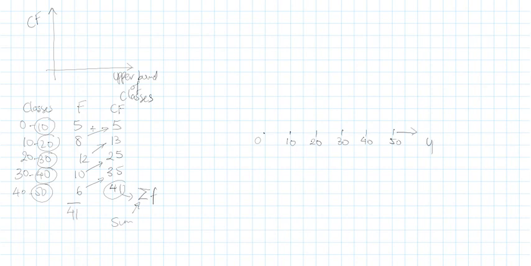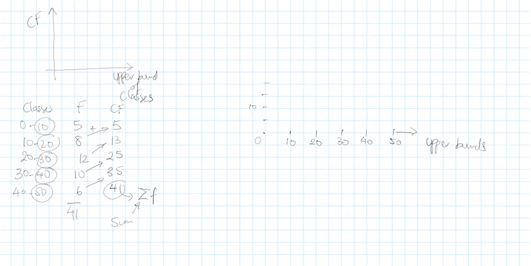All right. So on the x-axis we have the upper bounds. Now on your y-axis you have as minimum value 5 and as maximum value 41. Can we use 1 square for 10? If I use 1 square for 10, you see the x-axis looks more stretched than the y one.